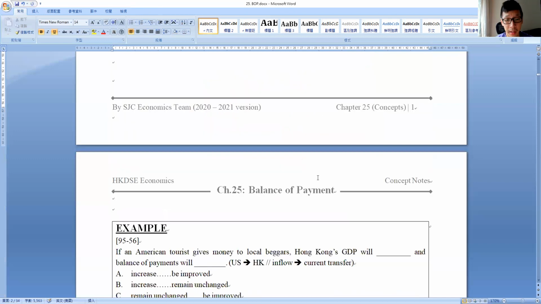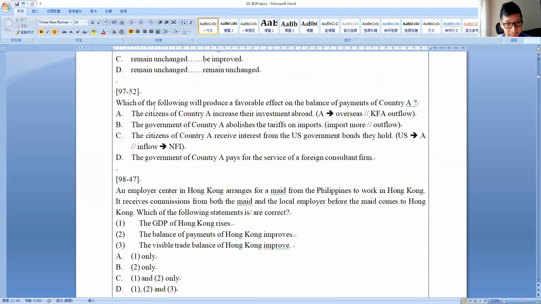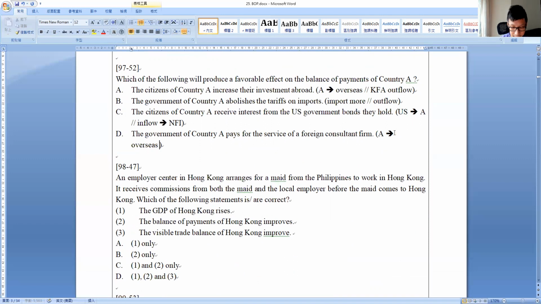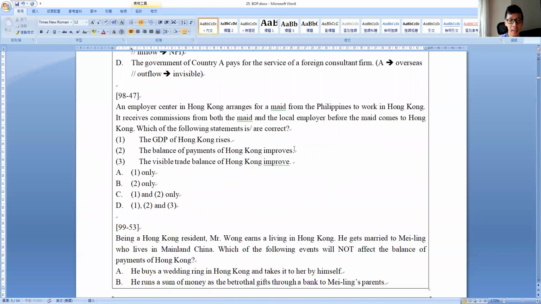So for this one, remember it is NFI. Now, what about D? The government of country A pays for the service, meaning A to overseas. This is an outflow, and it would be the invisible trade or service. Consulting service, right? Service.